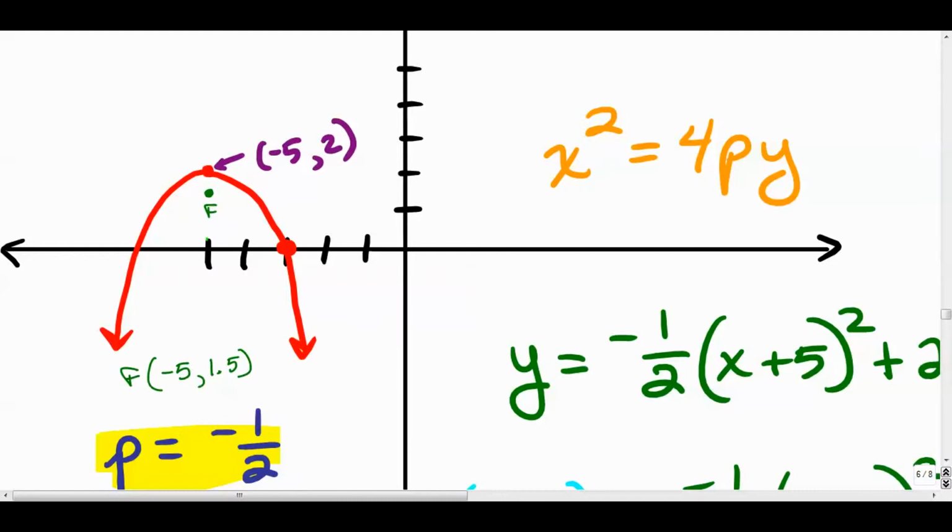Now your directrix is in the other direction. Your directrix, of course, is up the same distance away from your vertex, 1/2 in the other direction.